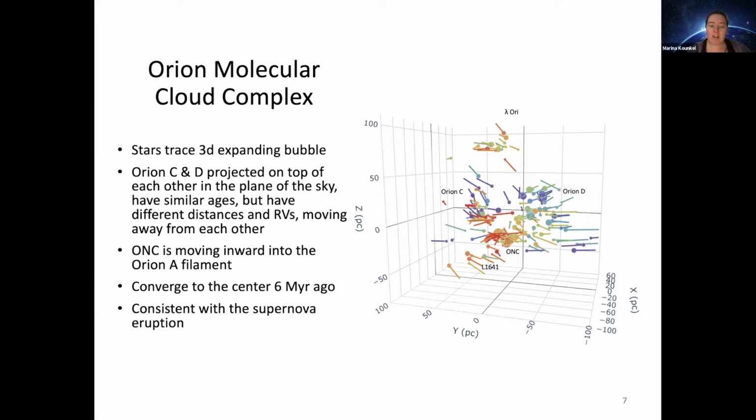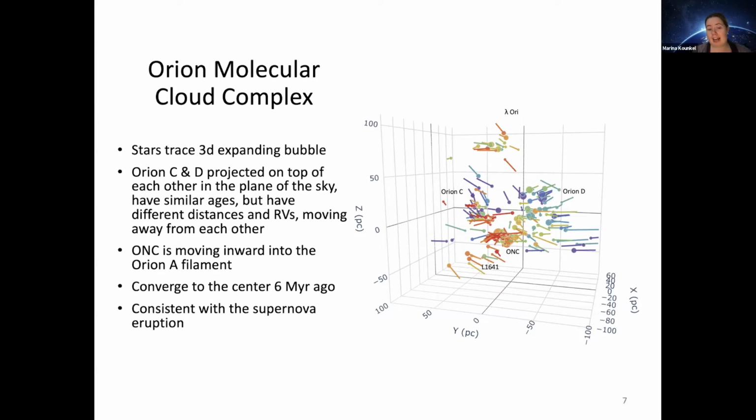And they are moving away from each other in such a way that 6 million years ago, the same age as the expansion traceback age in the plane of the sky, they would have been collocated at the same distance. So you have the forming of a three-dimensional bubble. And even the Orion Nebula, which is a cluster that many of us know and love, also seems to be moving away from the central point.